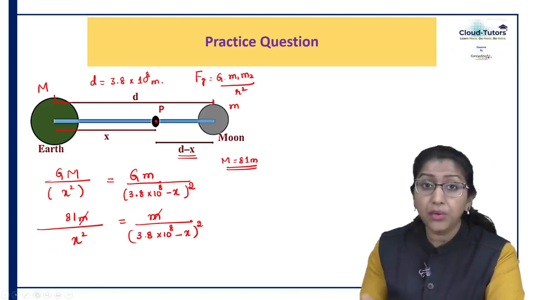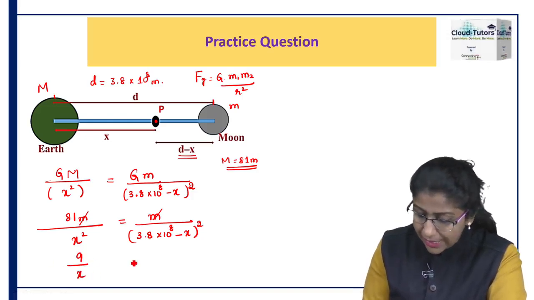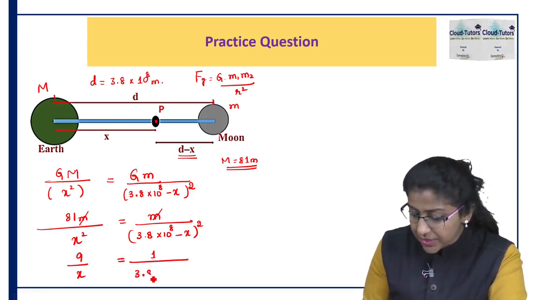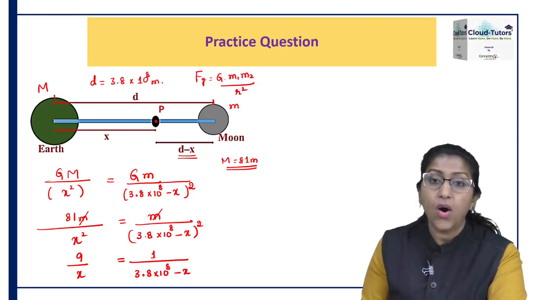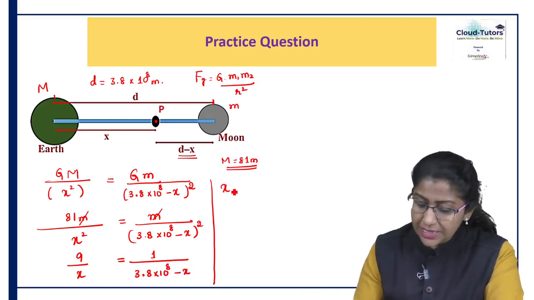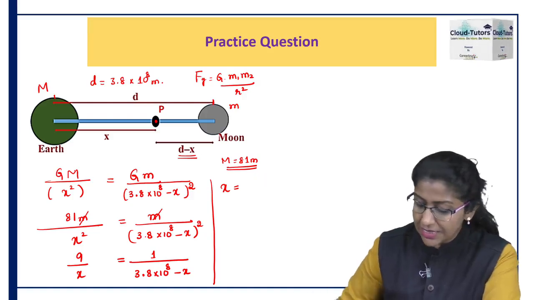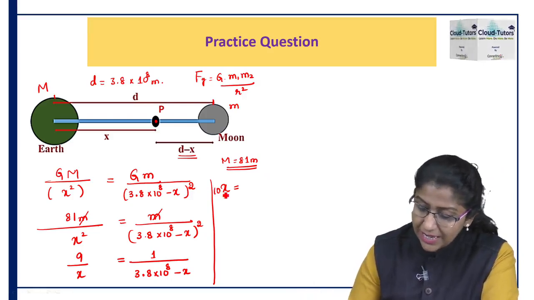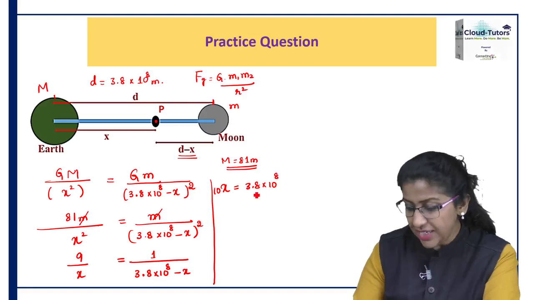So on taking the root on both sides, we get 9 divided by x is equal to 1 divided by 3.8 into 10 raised to 8 minus x. On simplifying all of this, we get 10x is equal to 3.8 into 10 raised to 8.